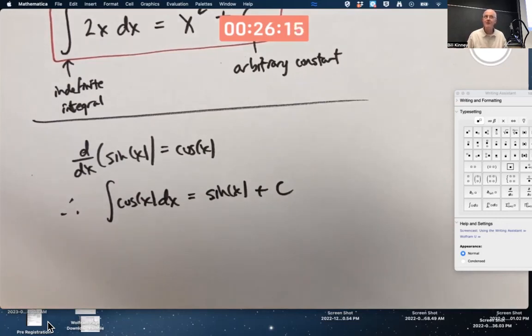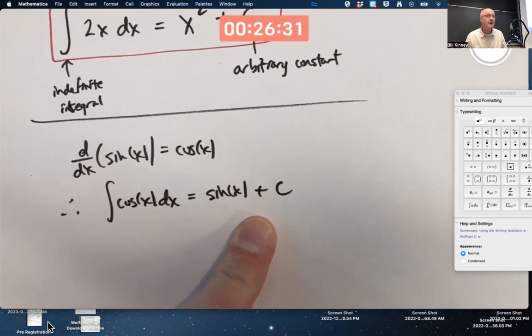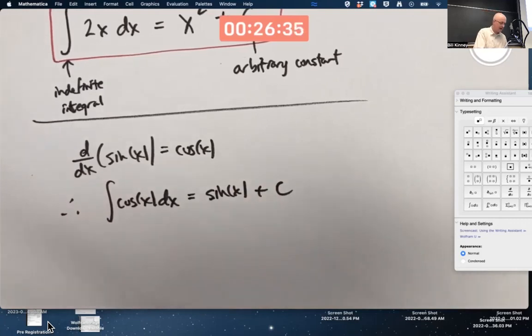Indefinite integrals are just antiderivatives. Definite integrals in chapter 5, we will see, give you areas under curves. And, well, we use antiderivatives to find those, but the integral itself is not an antiderivative like this. It ends up being a number. Don't worry about that right now.